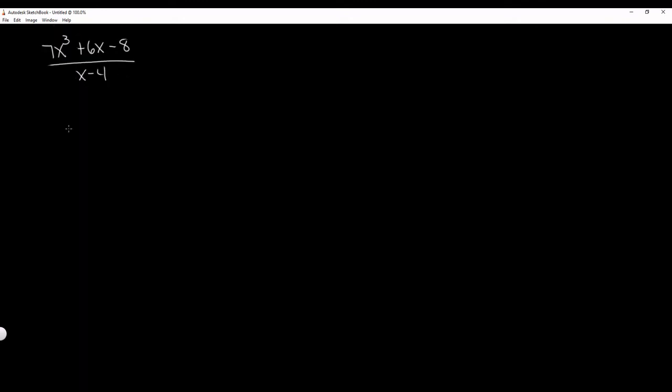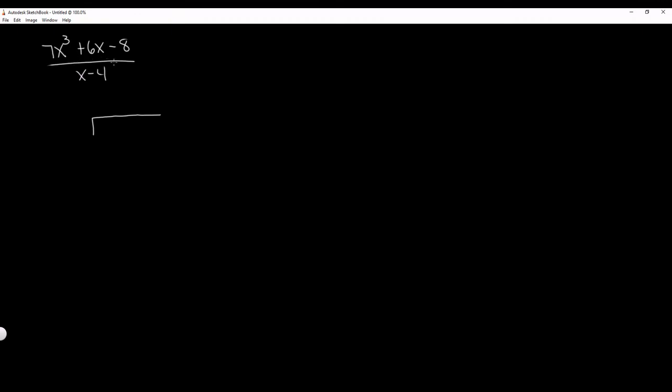So for our final problem, I want you guys to try this one out on your own. Okay, so what we're going to do, just like the other times, is take our coefficients and bring them down into here. But the difference for this is, as you can see, there isn't an x squared term.